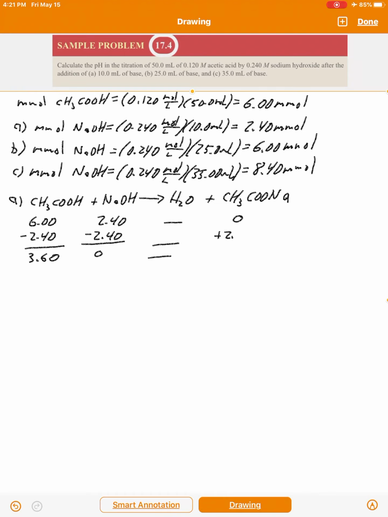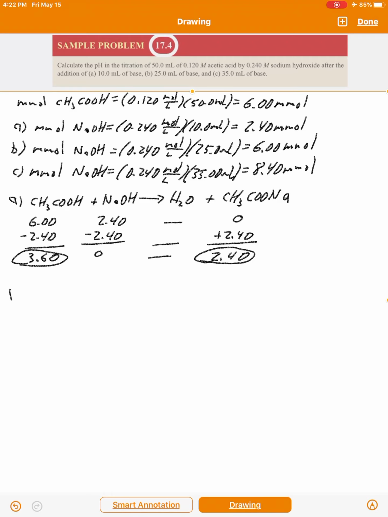So plus 2.40, and we get 2.40. Okay? Now the significance of this particular part of the problem is that we have excess weak acid, and now we have in the same mixture its conjugate base, which means we have a buffer. When you have a weak acid with its conjugate base, you got a buffer. So there's a buffer solution.